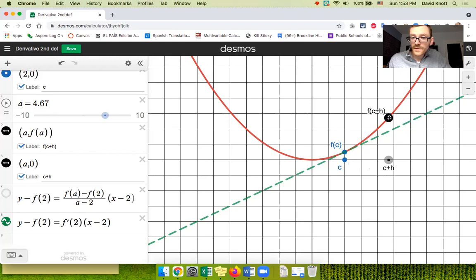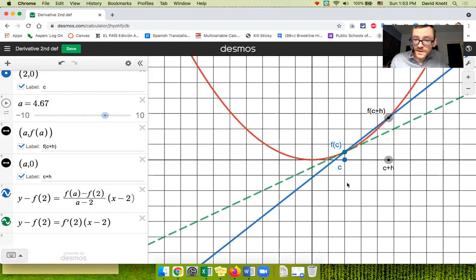And of course, I've got the point on the graph corresponding to that X value. The Y coordinate of this point is F evaluated at the X coordinate, so that would be F of C plus H. And just like last time, I create the line between these two points.